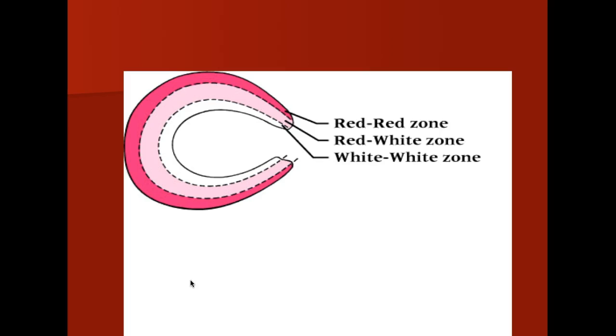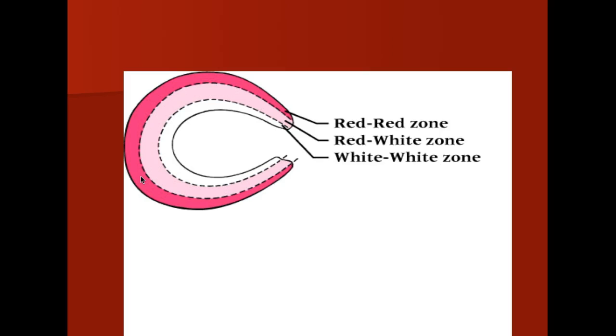The reason is, as you can see here, this red zone, or the outer 1/3 of the meniscus, has the most blood supply. So if you had to choose between a bad and a worse situation, meaning where you were going to sustain a meniscal tear, this is where you would want the tear, on the outer 1/3, because if there's more blood supply to that area, then there's going to be better healing.